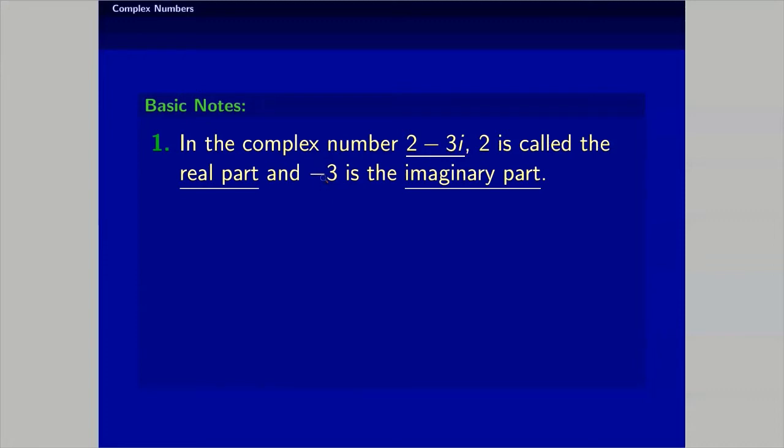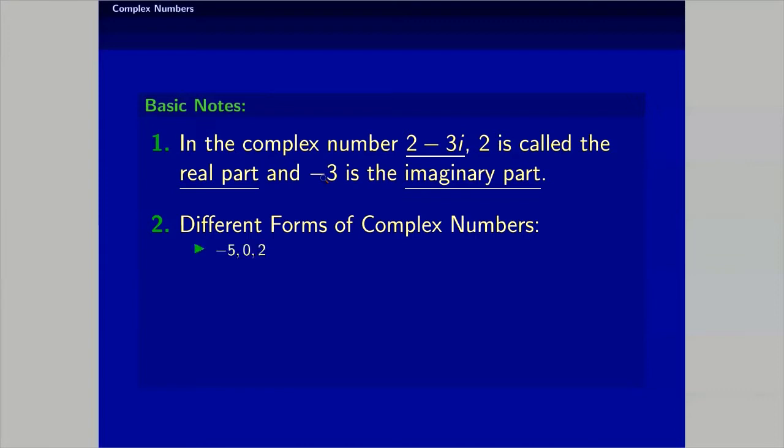Okay. Another note on complex numbers. May iba't ibang itsura ang complex numbers. Tapos kanina nakita natin ang form na ito. Like that. So, here are some examples: -5, 0, 2. We all know that they are complex numbers. Bakit?